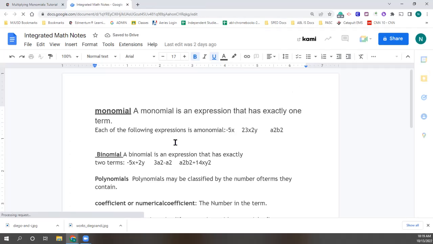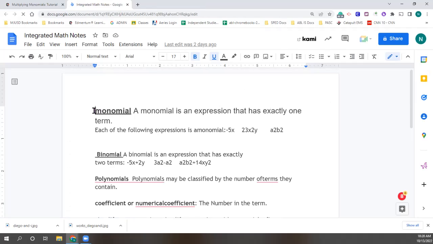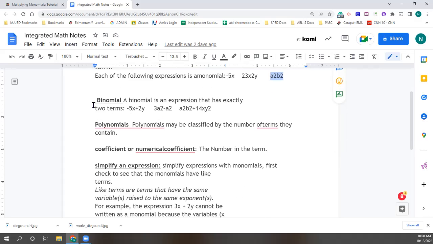my questions, my notes. Remember from the previous 2 tutorials, a monomial is an expression, like a phrase, if you will, that has exactly 1 term. So negative 5x is 1 term, 23x²y is a term, a²b² is a single term.